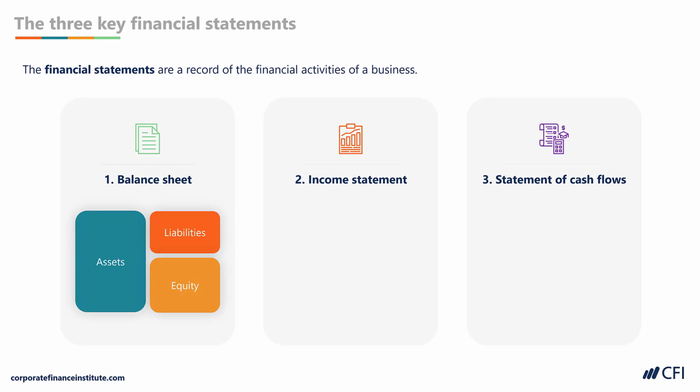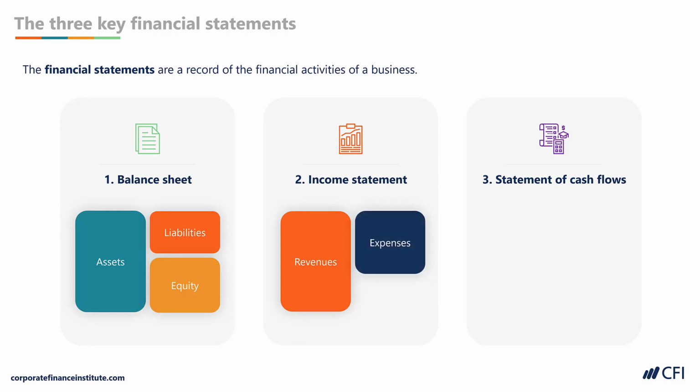The income statement, also known as a statement of profit and loss, or statement of operations, shows what a company has earned as revenue, what it has paid as expenses, and what the resulting profit or loss is over a certain period of time. The statement of cash flows, or cash flow statement, shows the actual cash movements of a business.